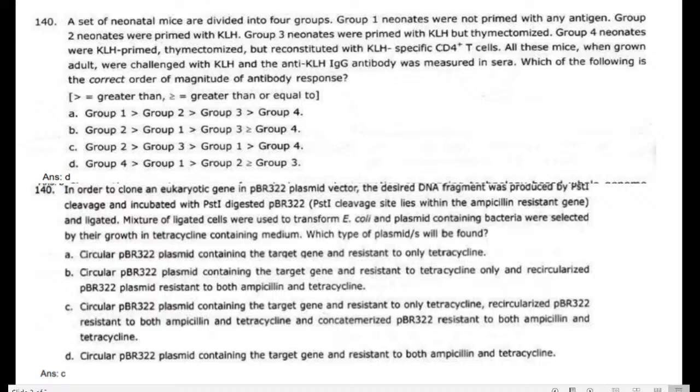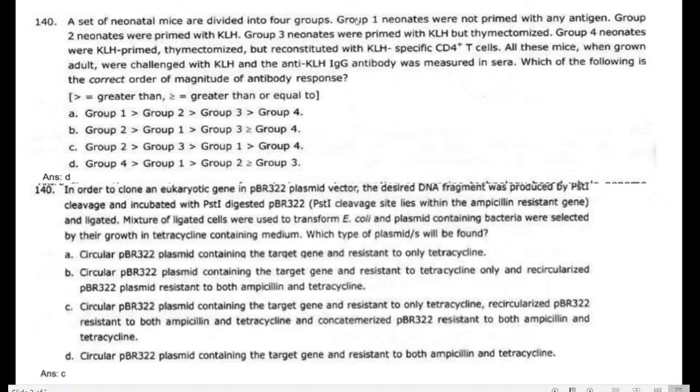One more thing about neonatal mice is that they are helpful for studying appearance and behaviors. They express the functions of each and every gene, so they are easily helpful for functional studies. Next thing in the question, they are primed first.